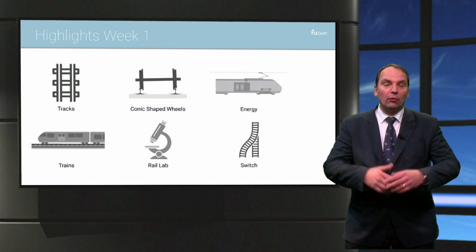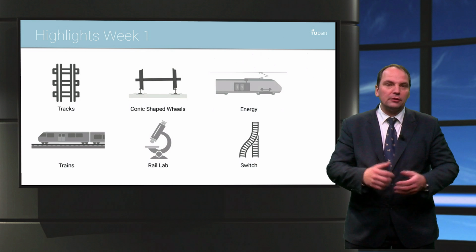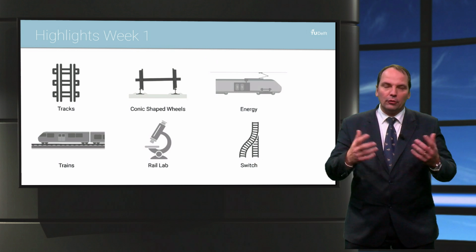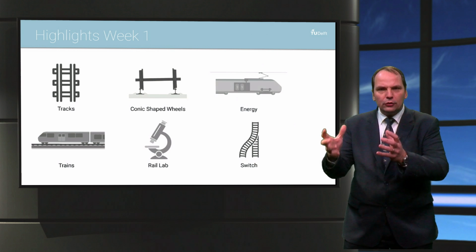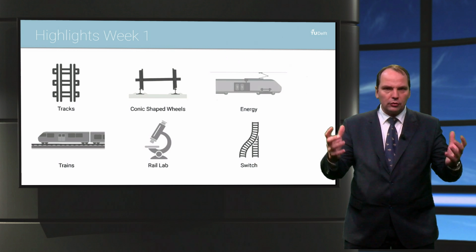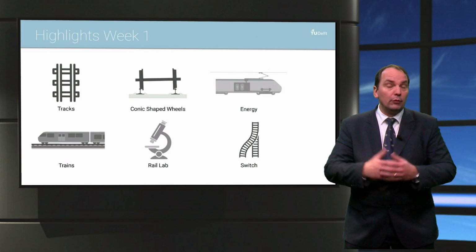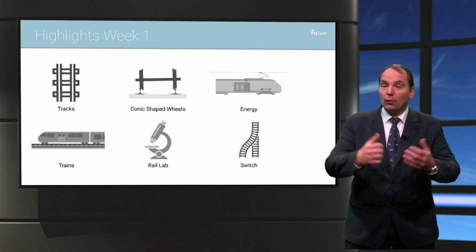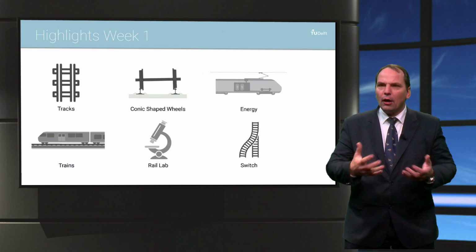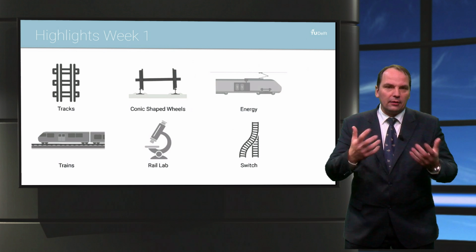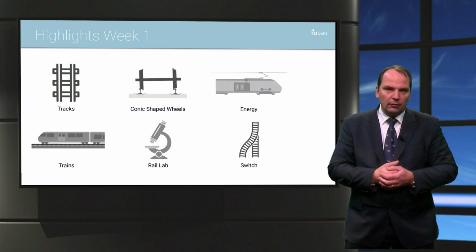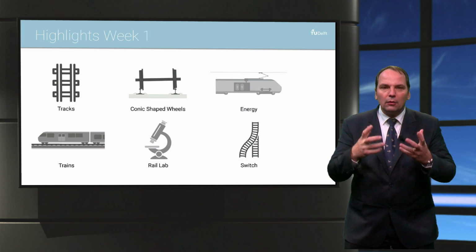In week one, we already discussed tracks and trains and also the interaction in between. So it is really important that you know what the interface is between these two assets. These two worlds look apart, but they are really combined. We also went into our lab, so we saw some test rigs, how this works and what we can do with that. And that's also interesting for you as participants in this MOOC.